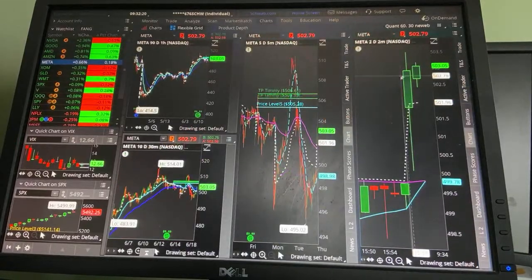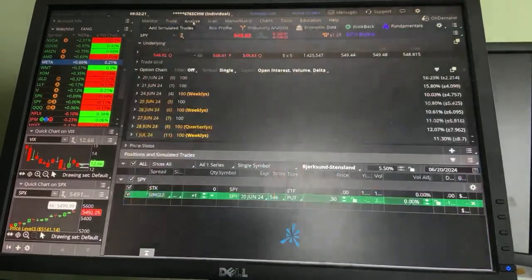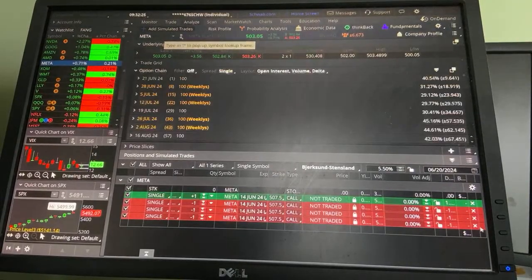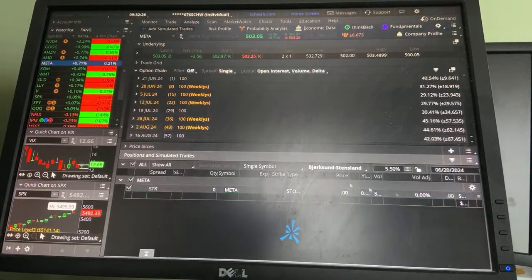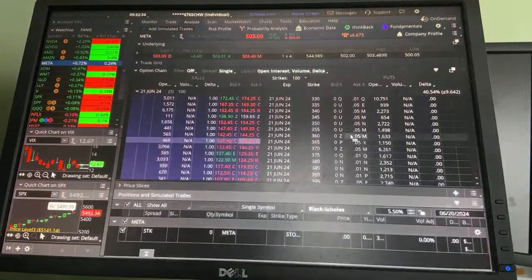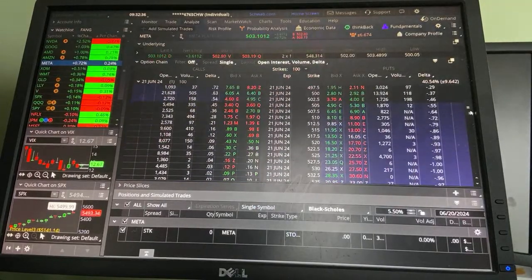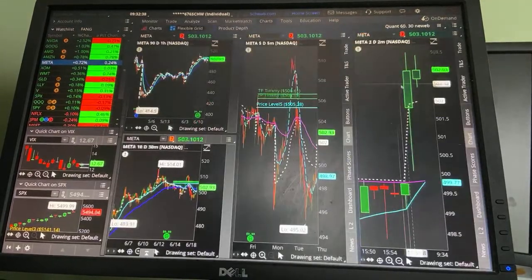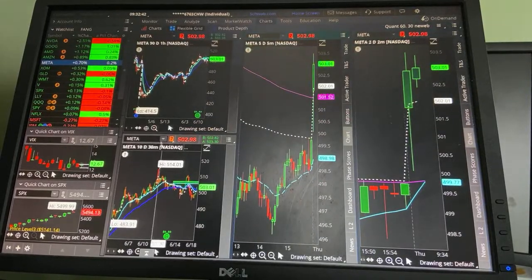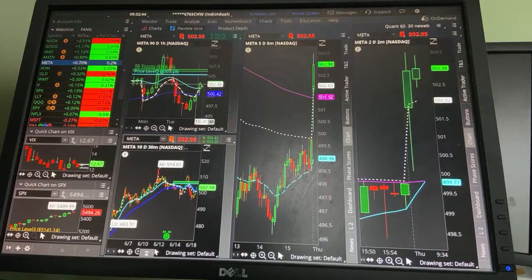All right, so I'm going to pull the trigger on Meta here, long call Meta. This is options, thinkorswim here. June 21st expiration. Let me see. We have the hammer here, not too bad. Monthly and daily look good.